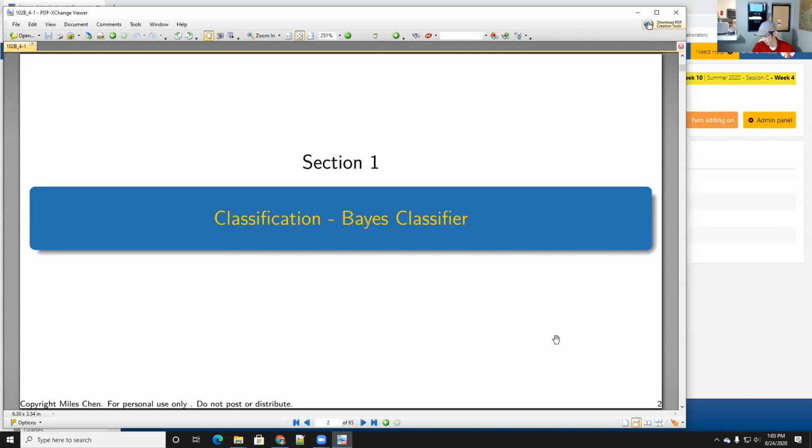Chapter 5 is about classification problems, and that's the topic for this week, and your homework will deal with classification.